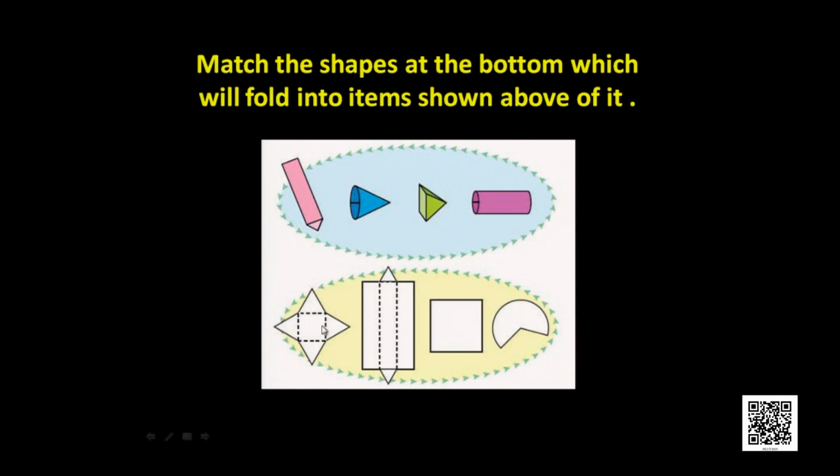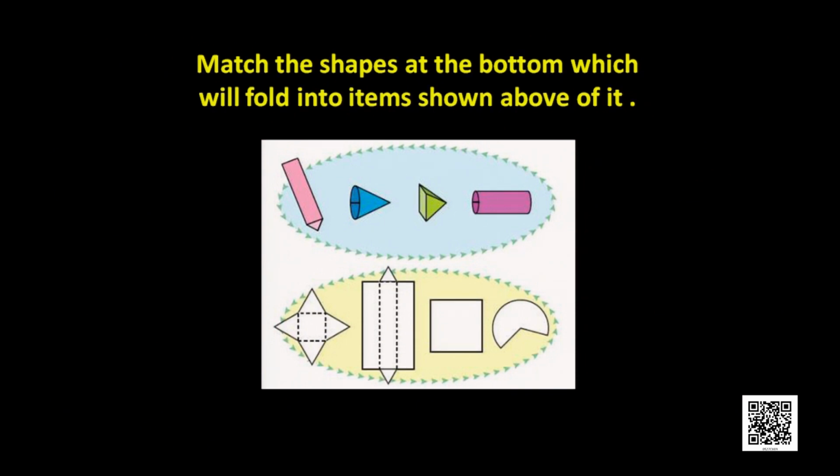If I fold it, what type of object will I get? You see in the upper row, I will get this one. What is this? This is a square pyramid. You can draw this kind of figure in your notebook or on a piece of paper.